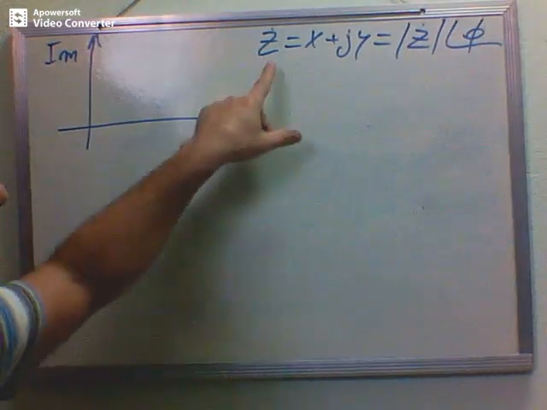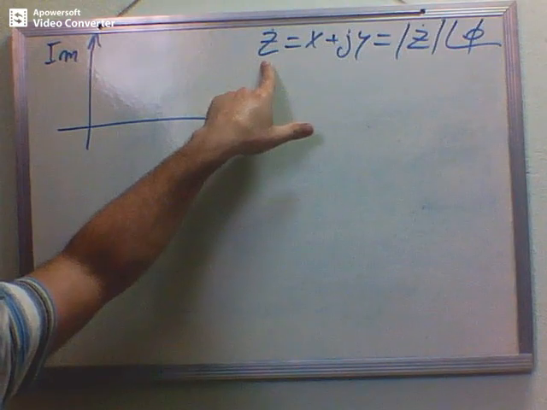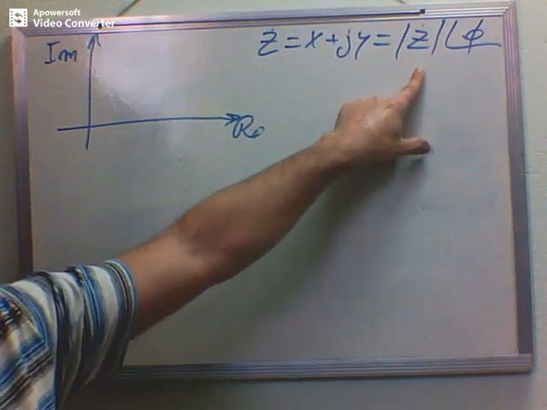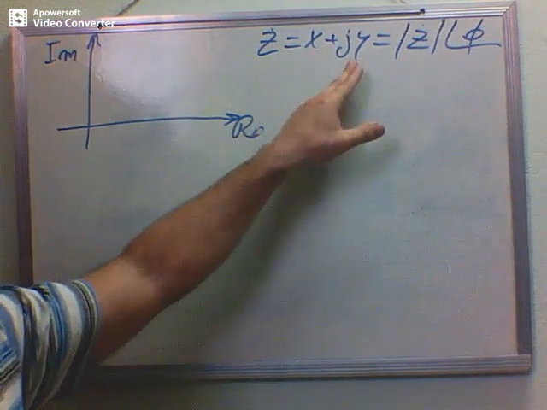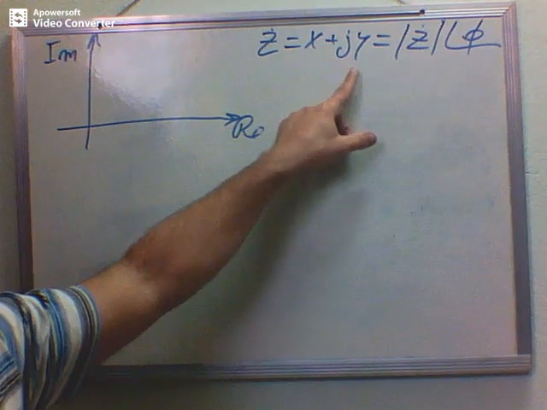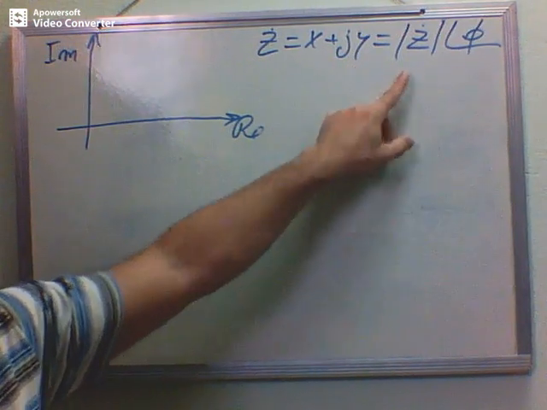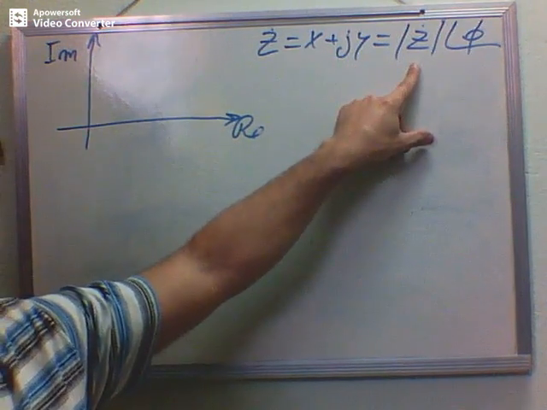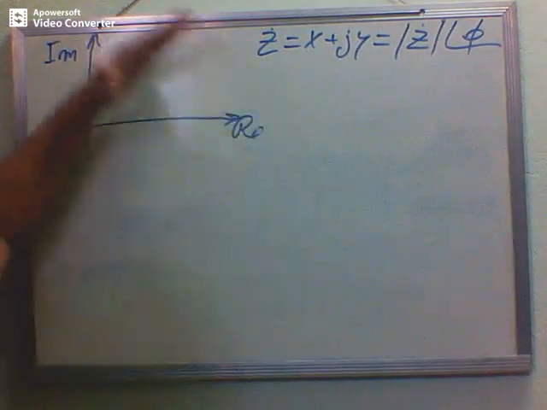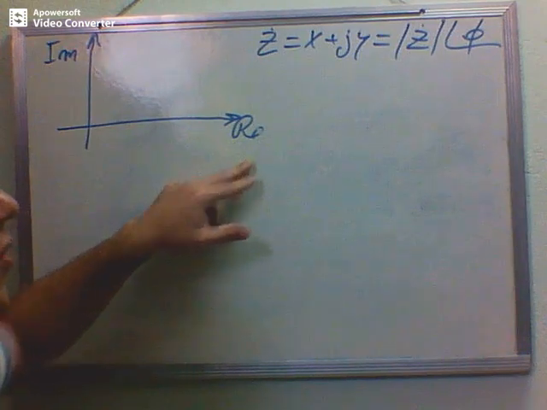We know that complex numbers can be represented in the Cartesian form and with the polar form. These are the coordinates of the complex number in the real axis and the imaginary axis, and this is the magnitude of the complex number shifted by an angle from the real axis.